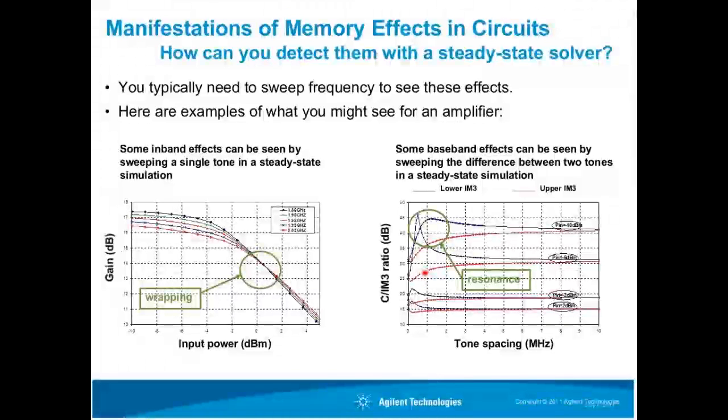This is something called resonance, and it's interesting because it's quite a bit more pronounced in the middle power levels than even at the higher power levels. So you can imagine that this effect is quite hard to characterize and capture, but that's what we're doing with the fast circuit envelope models.